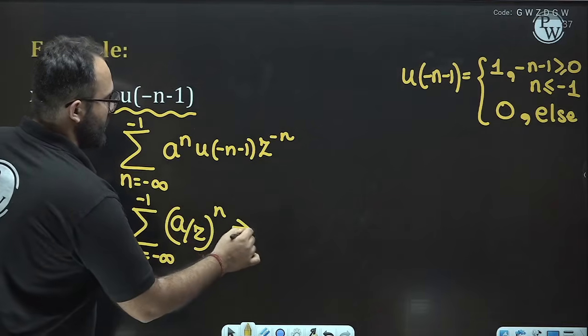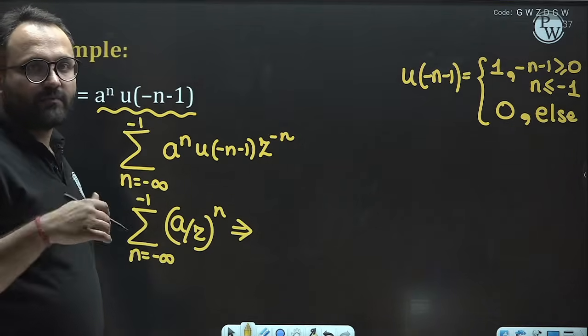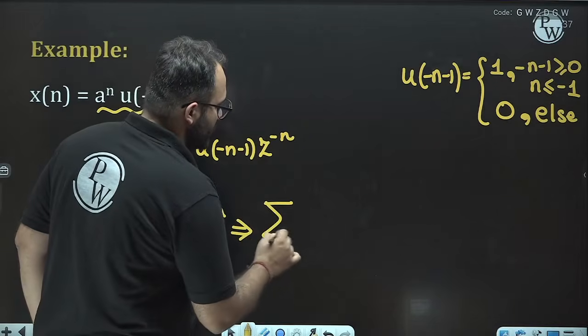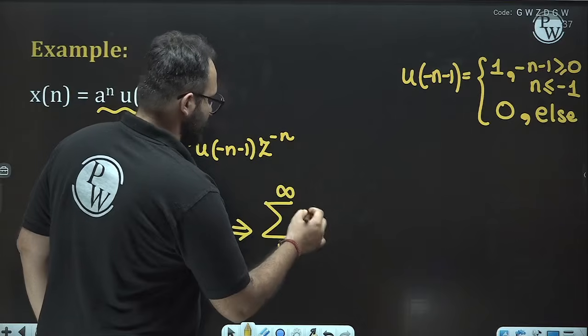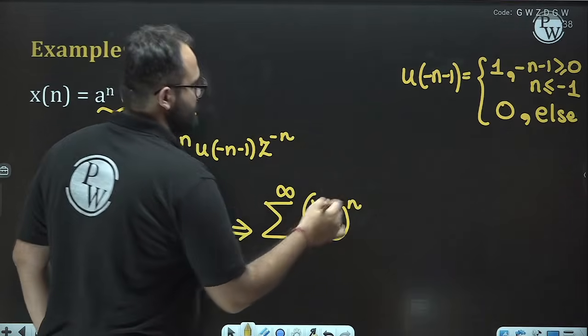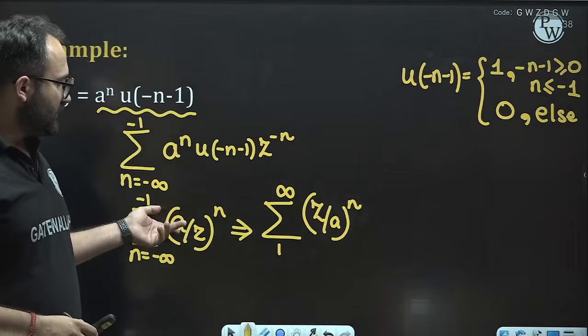If you put n equal to minus n, then the summation limit will go from 1 to infinity, and this will be z upon a to power n, because here also it will reverse.